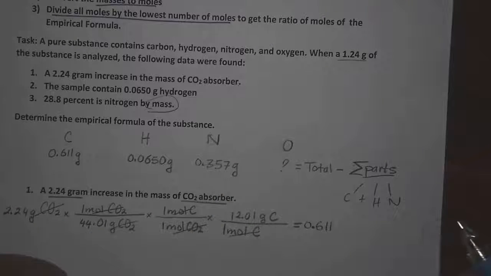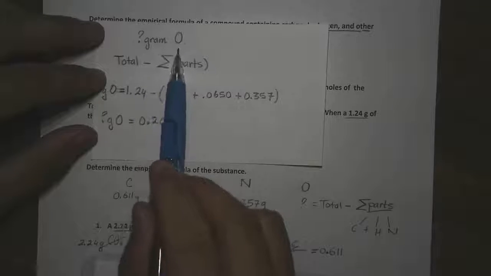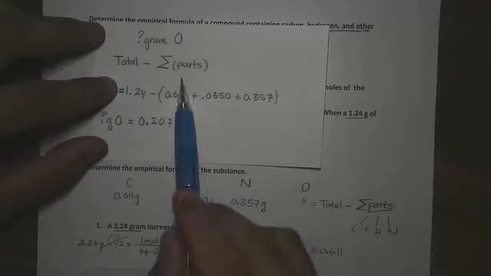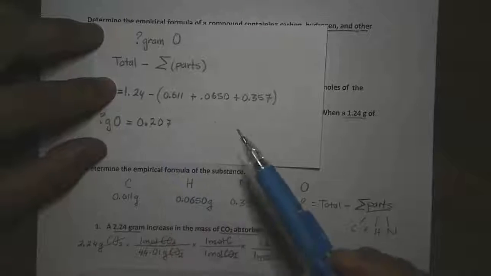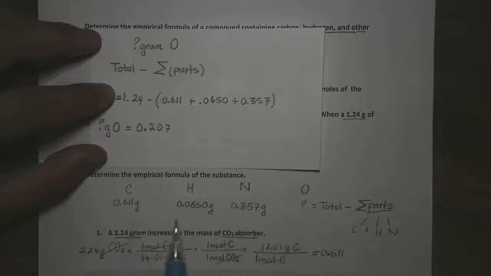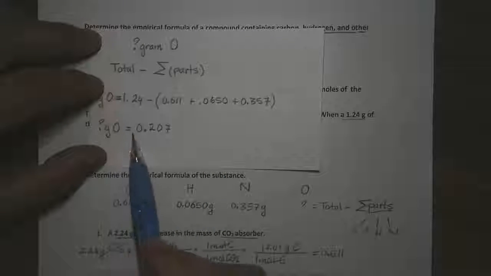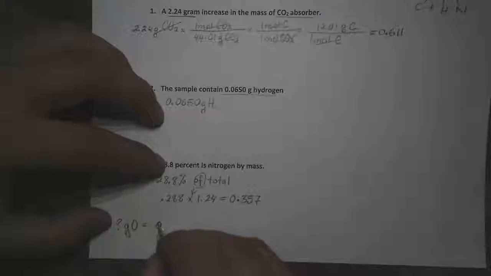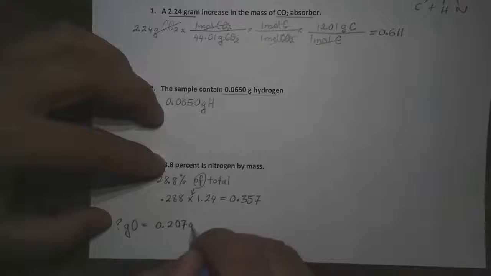So to solve for grams of oxygen, we take the total, which is 1.24, minus the sum of all the parts, the mass of carbon, hydrogen, and nitrogen, and that gives us a mass of oxygen equal to 0.207 grams.